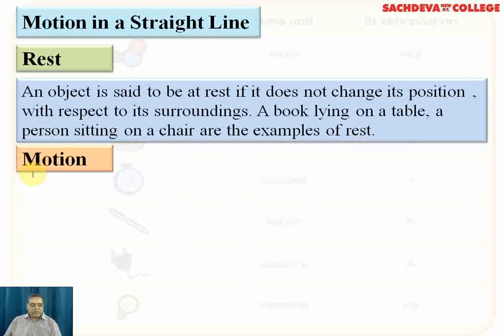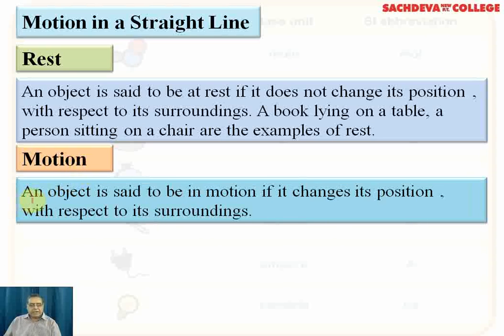Motion is concerned with the change of position of a body. So when an object changes its position with respect to surroundings, then that body is said to be in motion. And we will also remember that rest and motion are relative terms.